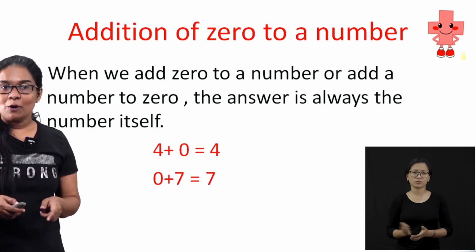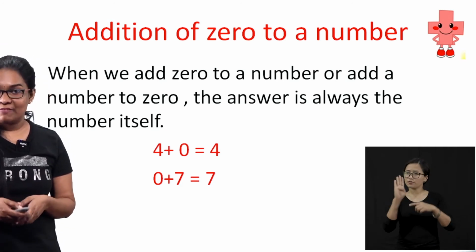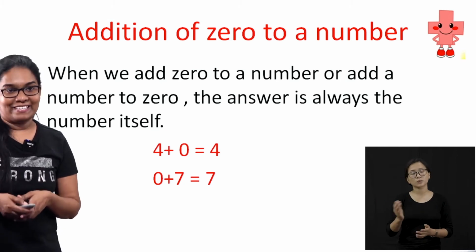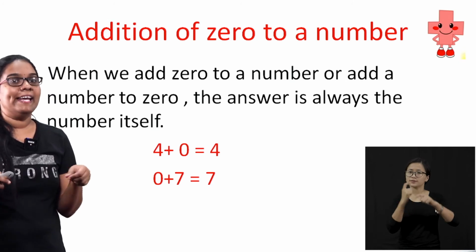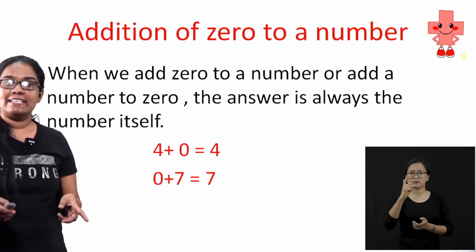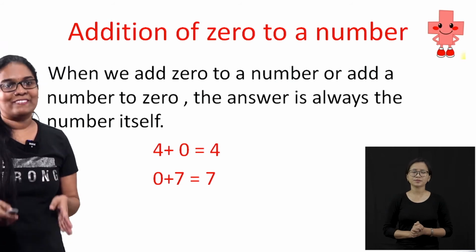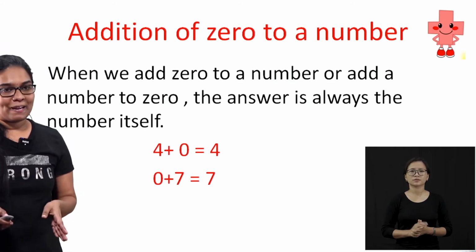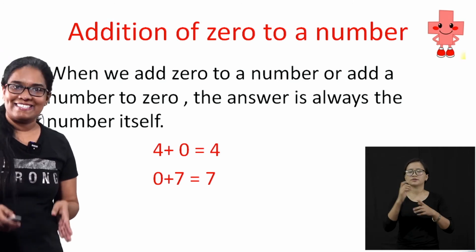That is, 4 plus 0 is equal to 4, and 0 plus 7 is equal to 7.